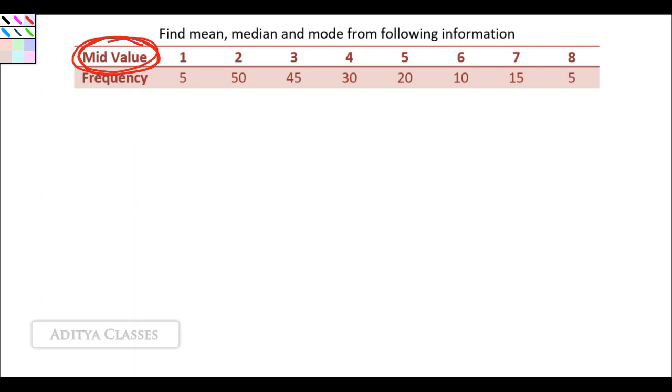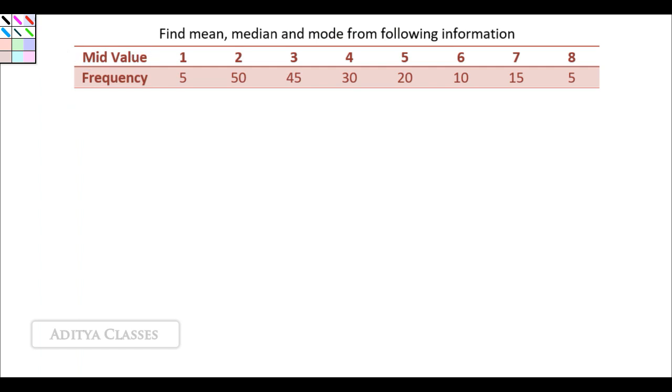not the case. Now ordinarily what we would have done is we would have mistakenly taken this as x, f, we would have found out fx, and then we would have found out median and mode in similar fashion. But if we have a look at this data set very carefully, we see that these are mid values.